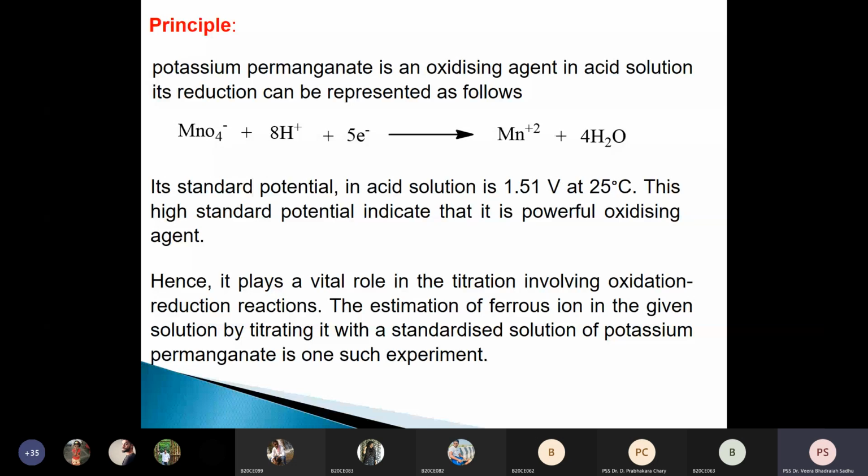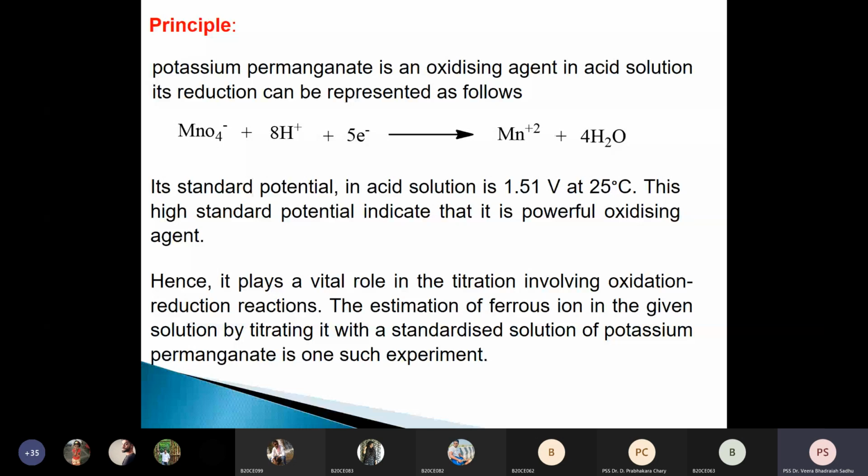These ions are colorless. Since it is a very strong oxidizing agent, we use potassium permanganate as the main reagent, because it can be involved in oxidation-reduction reactions in the titration. That's why we use this technique to estimate ferrous ions in the solution.